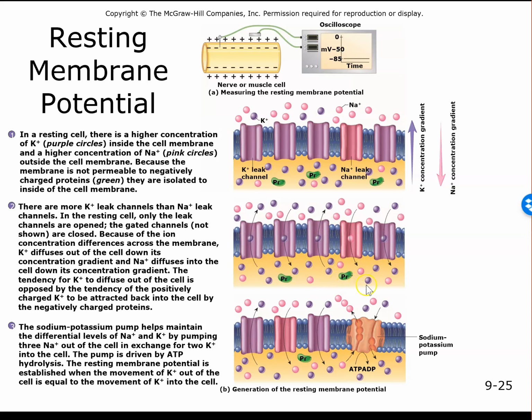But because the inside of our cell is so negative, when potassium flows out, it wants to flow back in because it's being pulled by its electrical charge back inside the cell. Whereas sodium doesn't really have that electrical charge out here. It wants to stay in here. So it'll always be drawn inside the cell whenever possible.